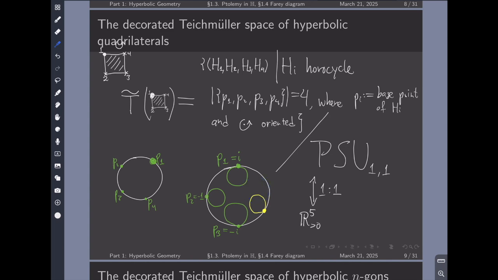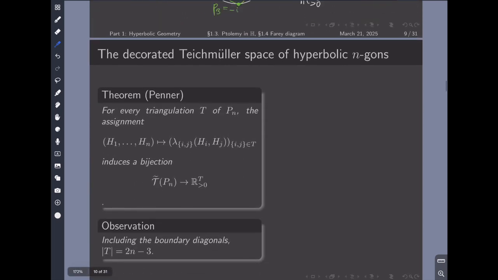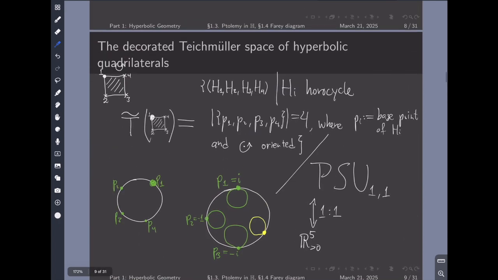So in general, I can say that the decorated Teichmüller space of Pn seems to be, how is 5 related to this 4?